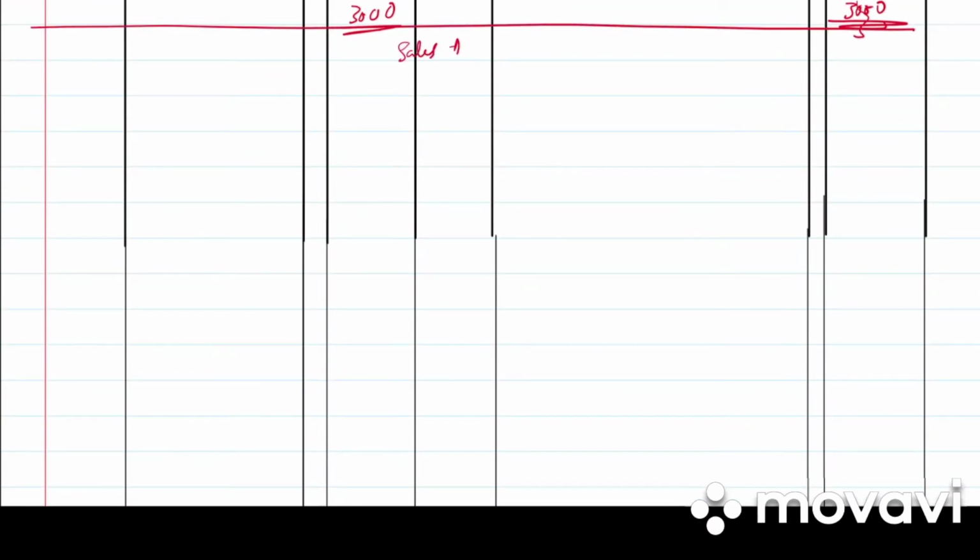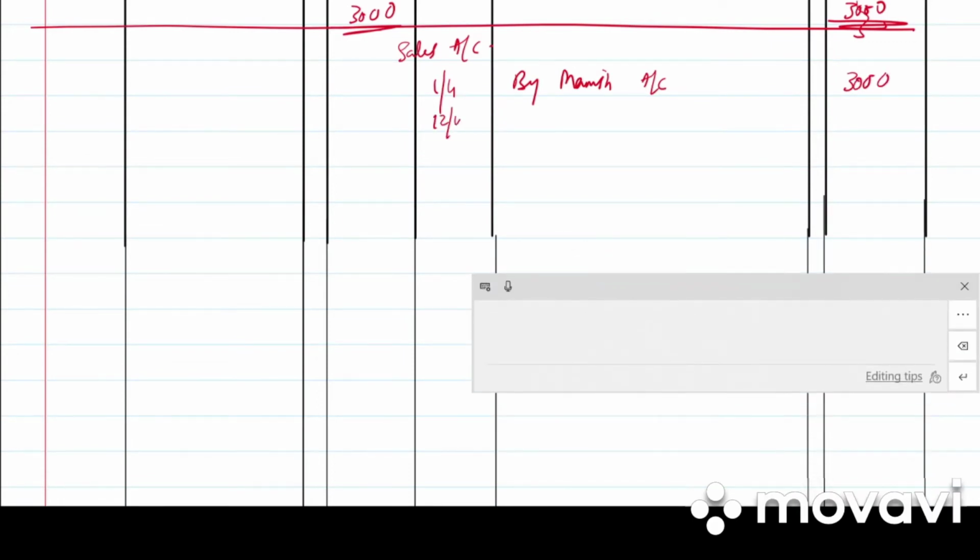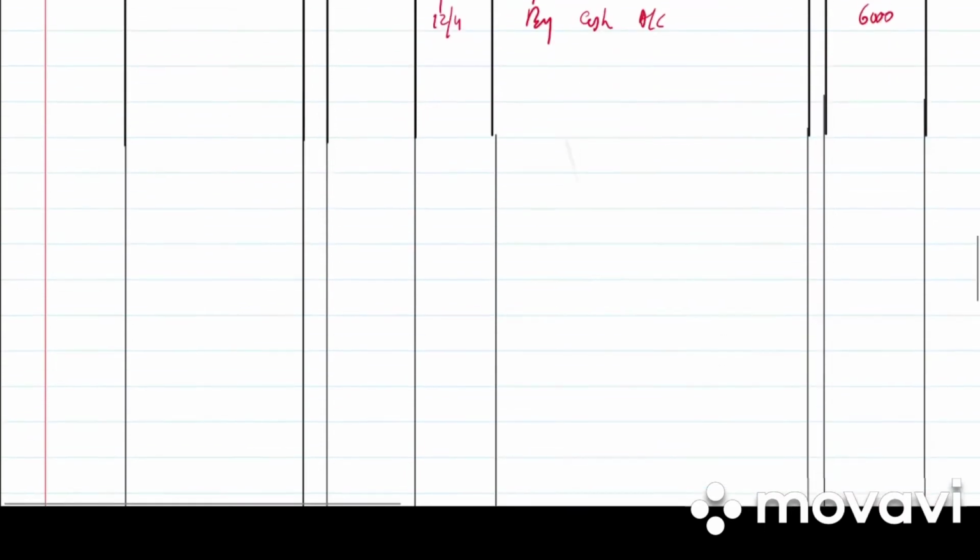Next we have sales account. 1st April by Manish account 3,000. 12th April by cash account 6,000. 18th April by Kushal account 10,000.